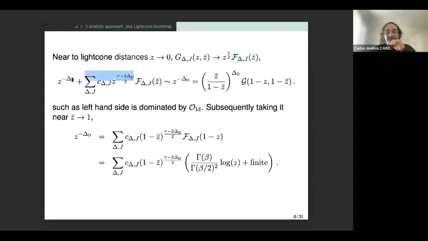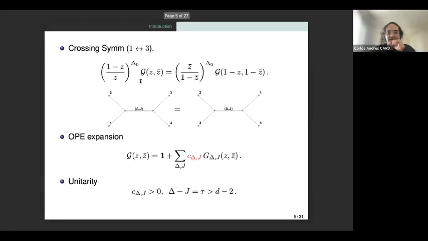And unitarity makes another important constraint here that does not happen in 2 dimensions. Unitarity says that each operator in my spectrum should satisfy this inequality. For the vacuum, I have delta equal to 0 and spin equal to 0.